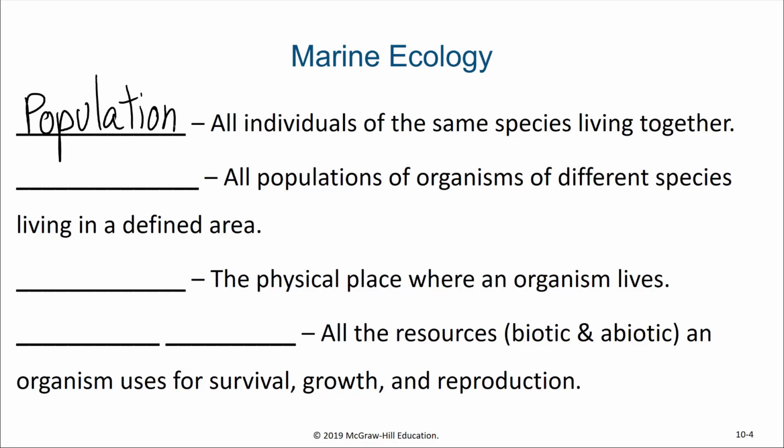The next term to know is the community of an area. A community is made up of all the populations of organisms of different species living in a defined area. So community is when you have organisms of different species interacting with each other. The term habitat is simply the physical place where an organism lives.